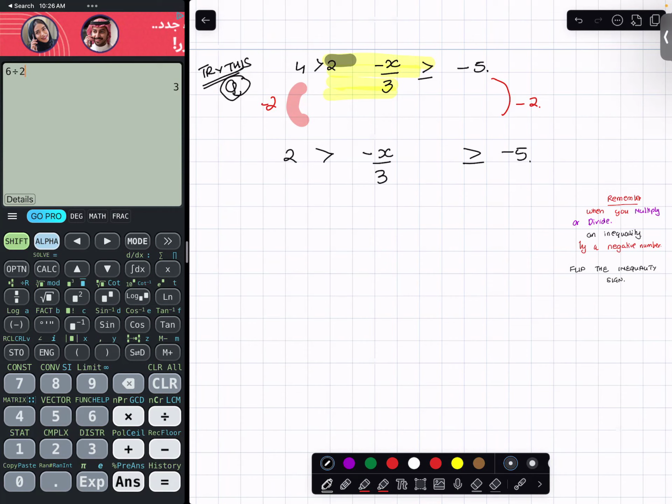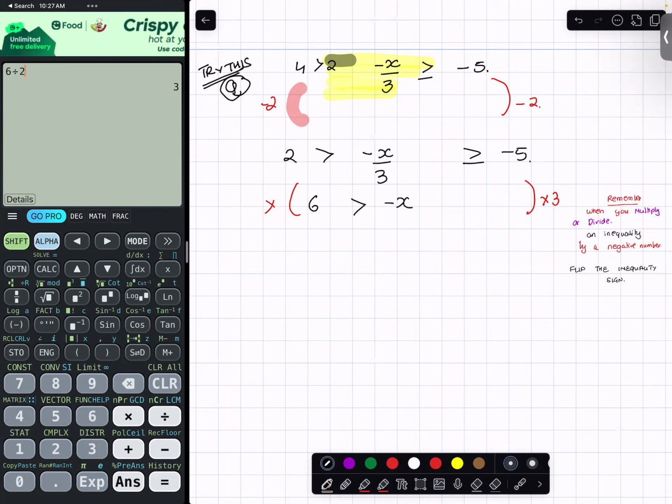Now I can multiply both the sides by 3. So what I will get is 6 greater than minus x greater than or equal to 5 into 3, which is minus 15.